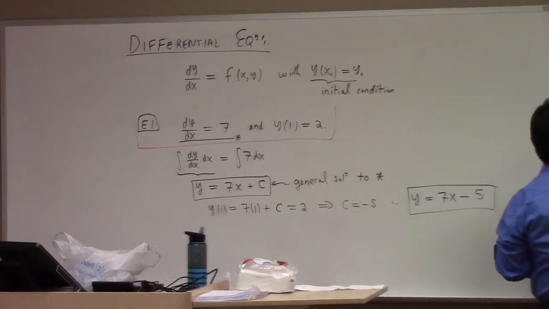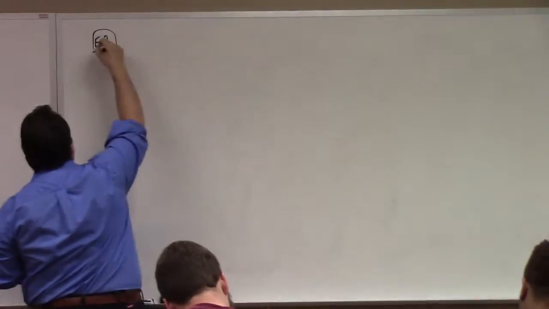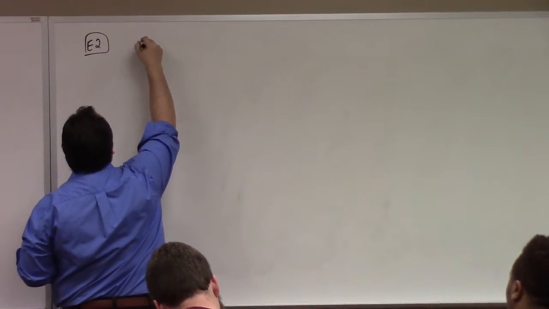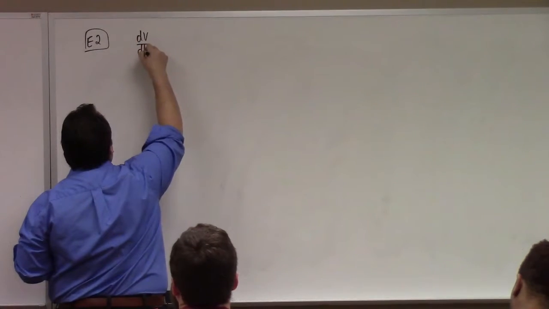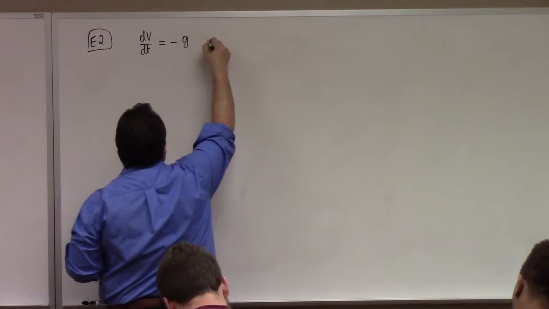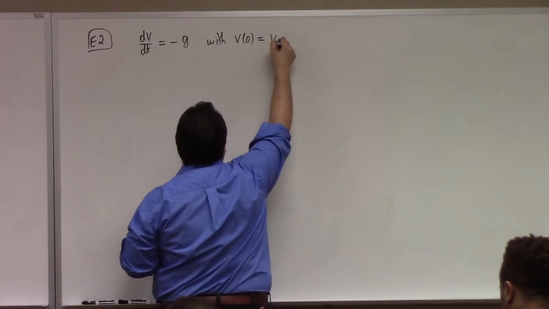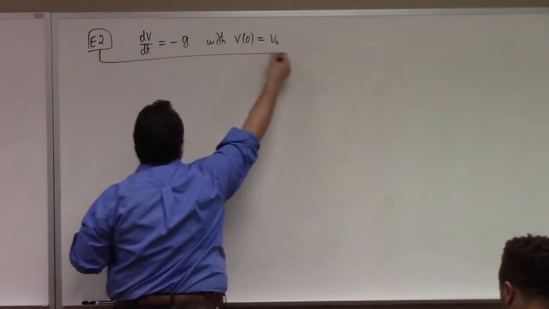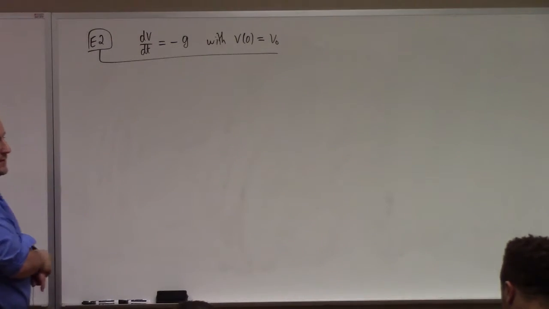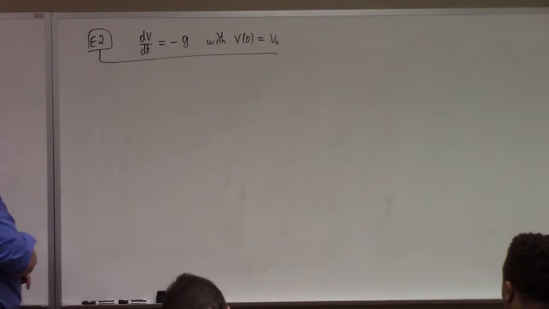Here's another example. Example 2, what if you had dv/dt equals minus g with v at time 0 equal to v sub naught? It's actually fairly apparent.